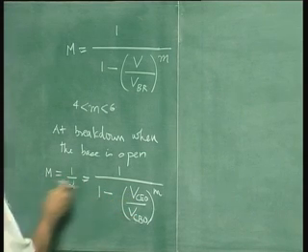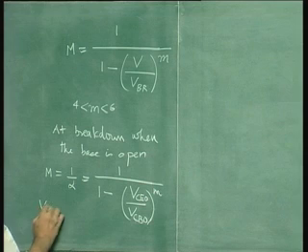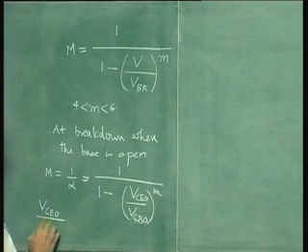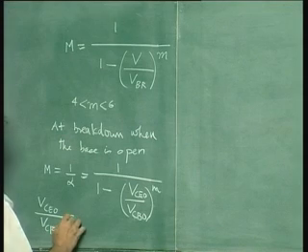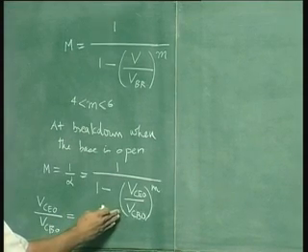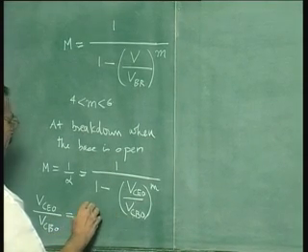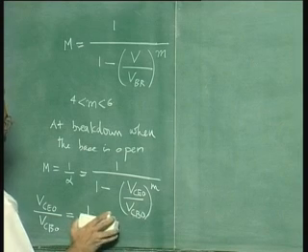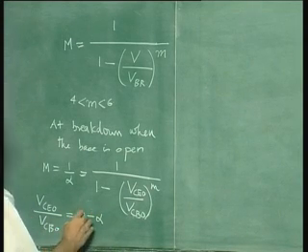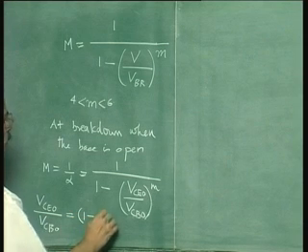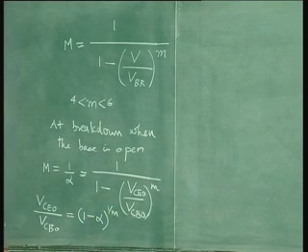So this is a relation between VCEO and VCBO. When you solve this, you will get VCEO by VCBO is equal to (1 minus alpha) whole power 1 by m.